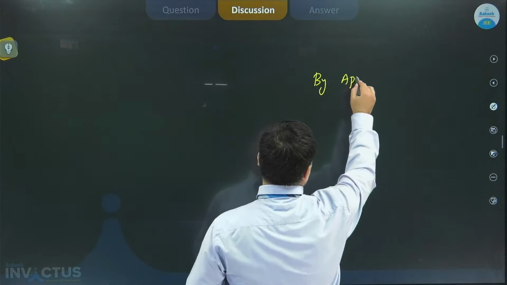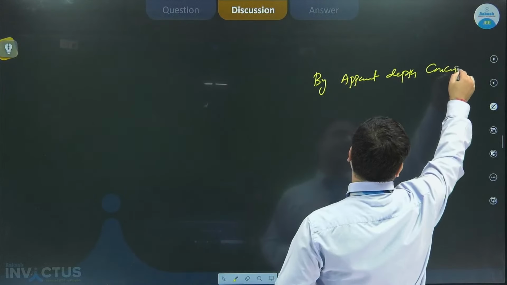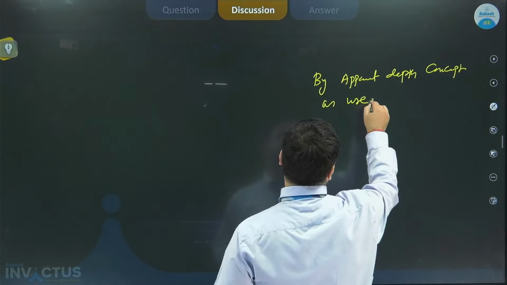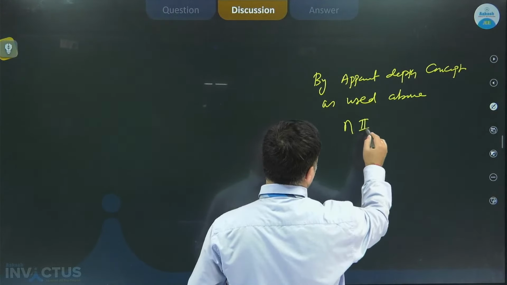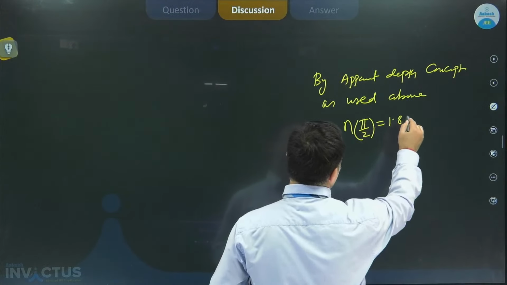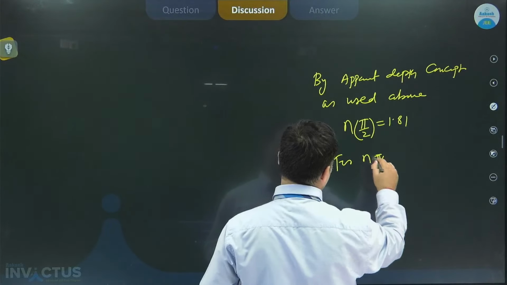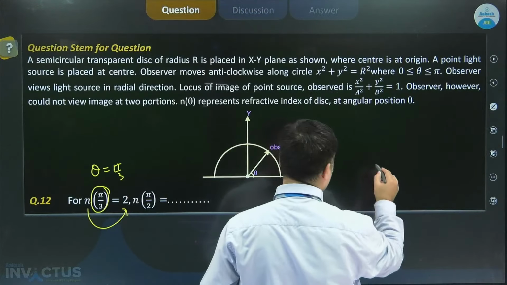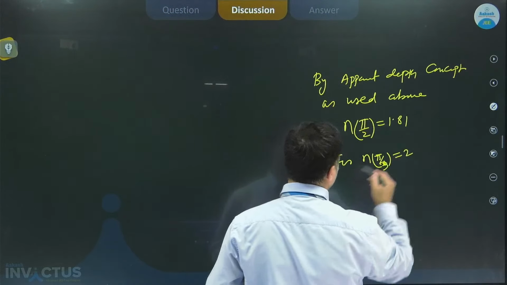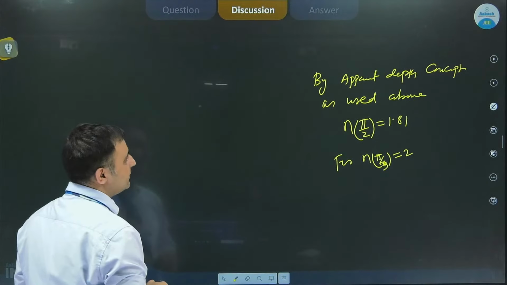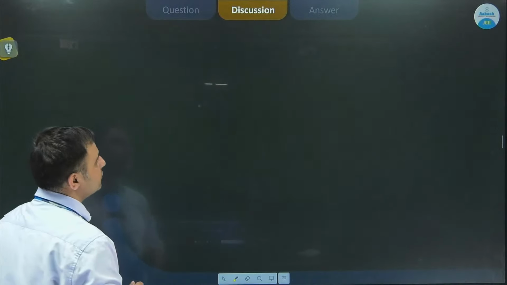By apparent depth concept as used above, we can find n at pi by 2 as 1.81, and for theta pi by 3 as 2. तो similar analysis से हम लोग निकाल सकते हैं कि 90 डिग्री पर जो n का वैल्यू आएगा वो 1.81 आएगा. Now let's move on to the next question.